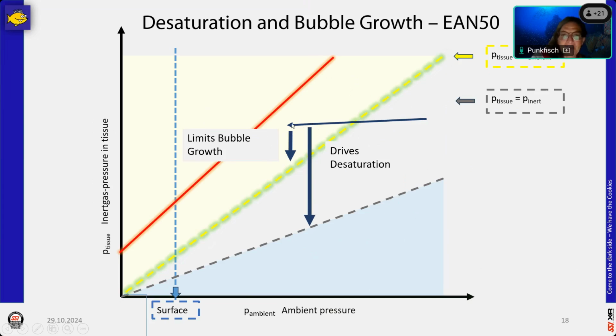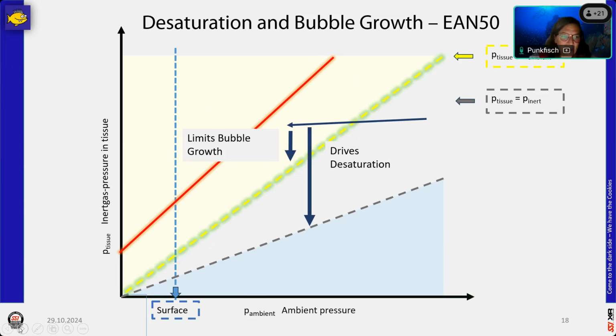And at the same moment, as we do not ascend towards the M line, or as we stay at the same place compared with the other plot, the bubble growth is limited in the same way, because I do not have a higher oversaturation. So the same ambient pressure keeps the bubbles together, while desaturation can happen in a very fast and very efficient way.